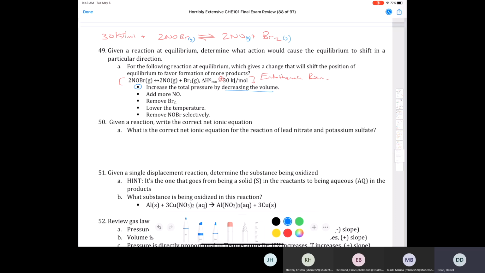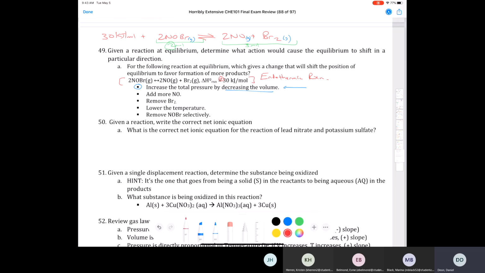If I look at the total number of moles of gas, on this side I have 2 moles of NO gas and 1 mole of Br2. So I have 3 moles of gas. But on this side, I only have 2 moles of gas. Therefore, if I decrease the volume, it's going to shift to the side that takes up less space. So it's going to shift to the left, and therefore it's not shifting to more products.